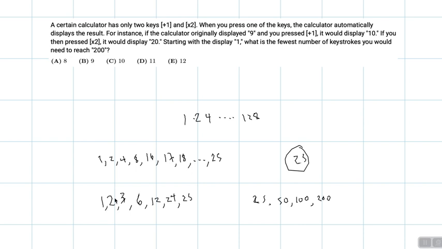So we did +1 +1, times 2 times 2 times 2, and then just a +1. And then we would continue. It goes 25, 50, 100, 200. So therefore, the number of keystrokes needed to reach 200 is 9, and that is the fewest number of keystrokes. Therefore, the answer is choice B.